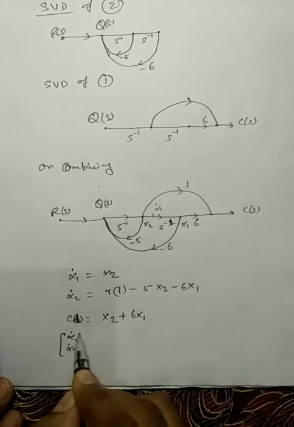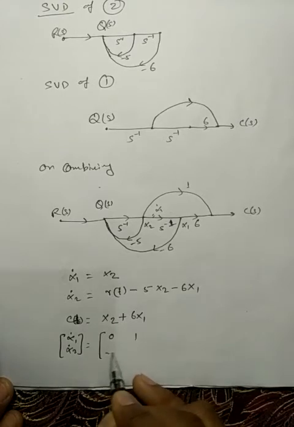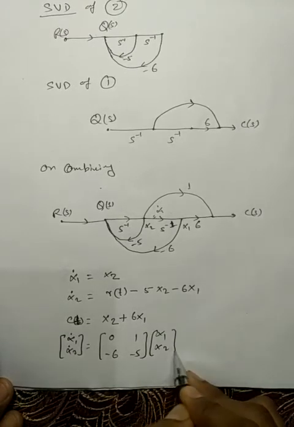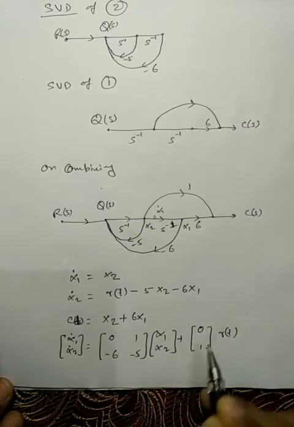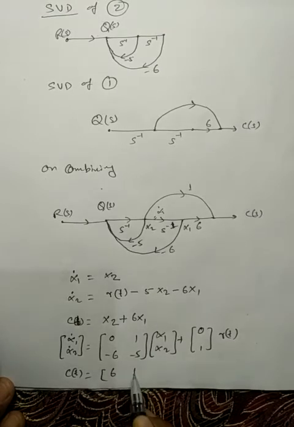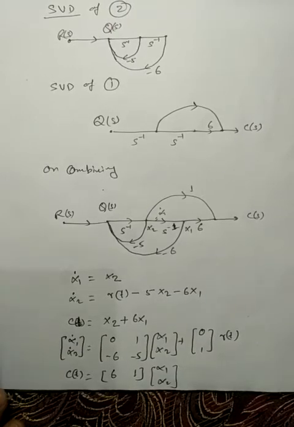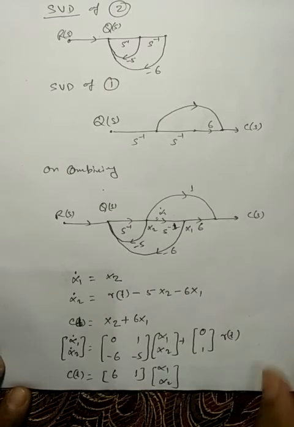x1 dot x2 dot is equal to 0 1 minus 6 minus 5 x1 x2 plus 0 1 RT, and CT is equal to 6 1 x1 x2. So I am having three matrices A, B, and C, and this is our controllable canonical form.